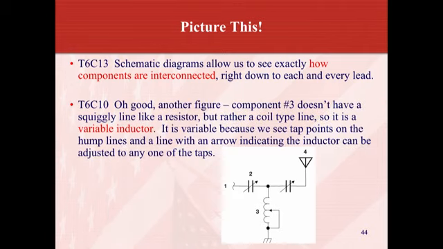Oh, good. Another figure. Component number 3 doesn't have a squiggly line like a resistor, but rather a coil type line. So it is a variable inductor, because we see tap points on the hump lines and a line with an arrow indicating the inductor can be adjusted to any one of the taps.